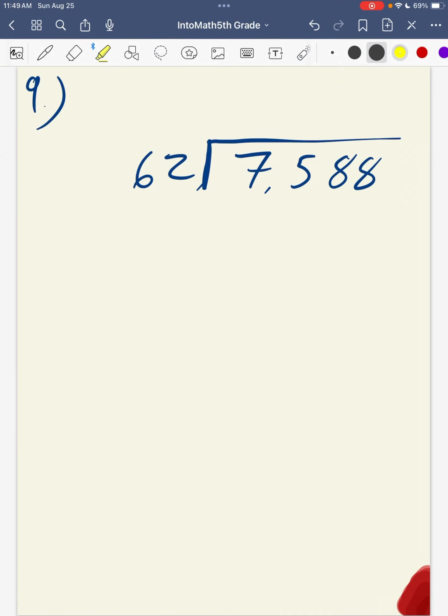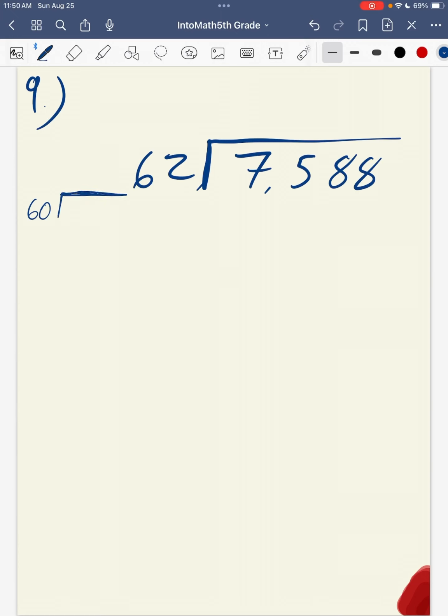All right. Last problem of this lesson. We need to find out 62 and how many times it could go into 7,588. Let's think about our estimate. Round this to 60.